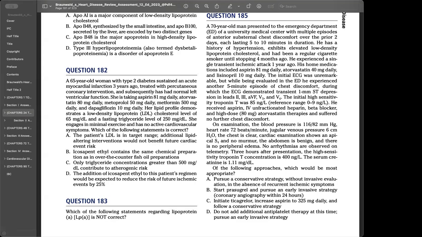Having said that, for this question, in a patient that has NSTEMI, the next most appropriate thing to do is for the patient to have a PCI. That's just the correct answer.